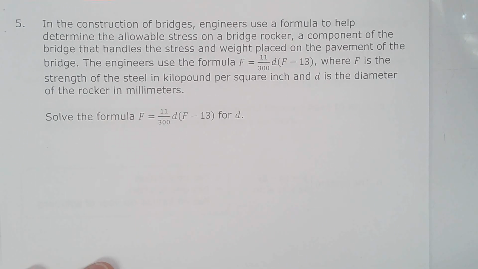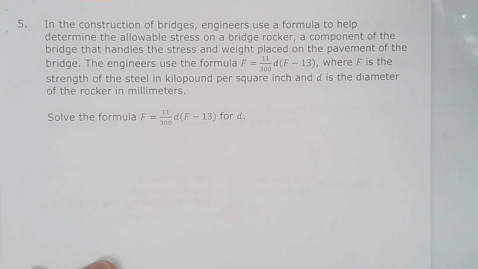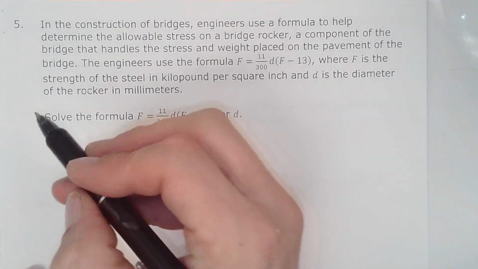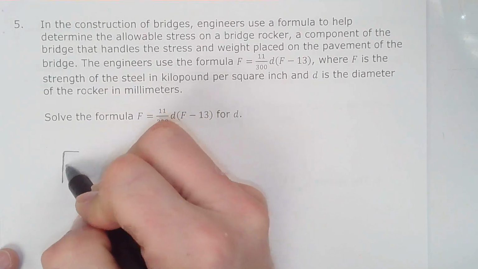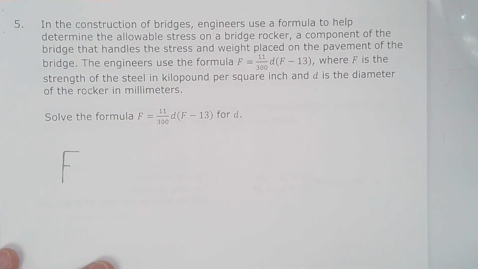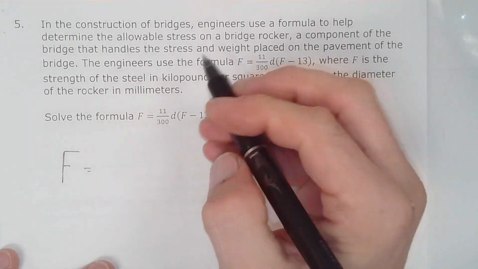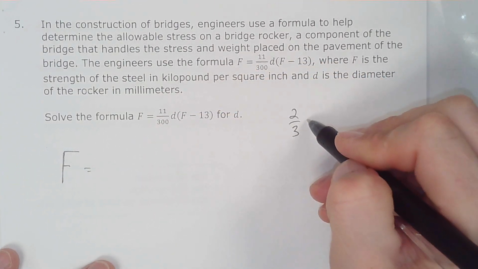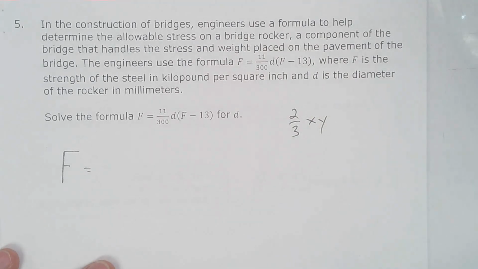All right? It's solve this for d. All right, so I have to dig out d with algebra. I'm going to rewrite this though to make it a little bit easier to understand. Let me ask you this: if I had 2/3 x y, where would the xy belong if I wanted to make this into one fraction?